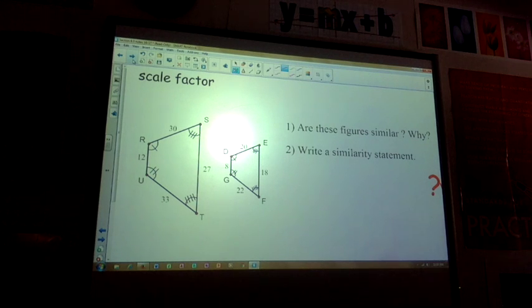So R to D, S to E, F to T, G to U as far as the angles. Is there anything else? Let's say we didn't necessarily know the angles. What would you think, Ben? The sides. The bigger one is the scale of the smaller one. Ooh, I see what you're saying. Okay.